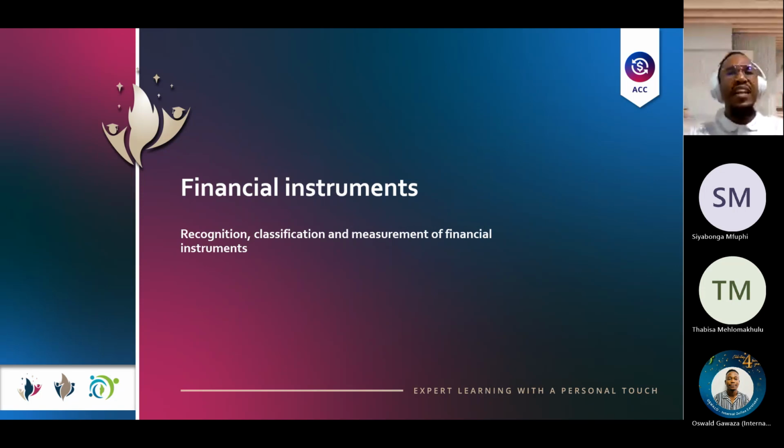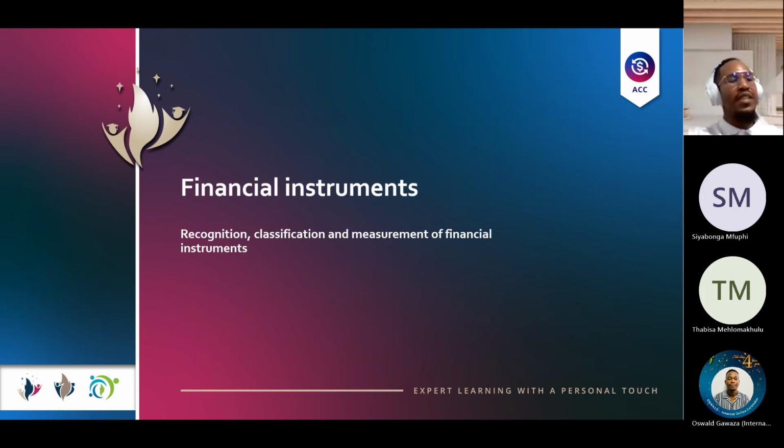Now, having set the context insofar as disclosures and presentation in the statements, let's talk about the recognition, the classification, as well as the measurement of financial instruments in accordance with IFRS 9. What we've covered so far, just to recap, is the definitions of what an equity instrument is, what a financial asset is, what a financial liability is, along with the definition of a derivative financial instrument.